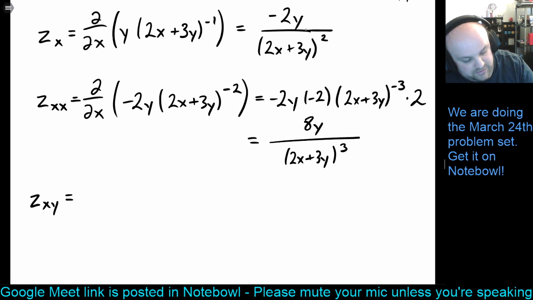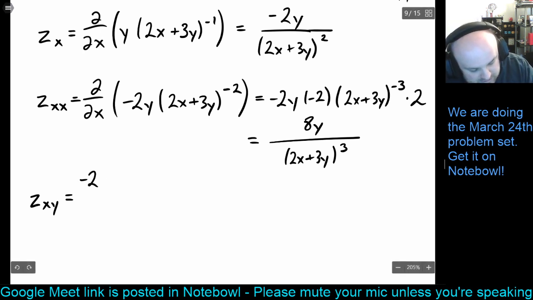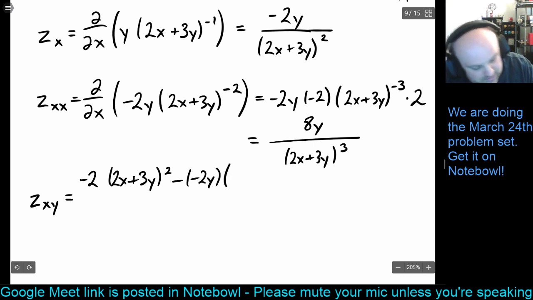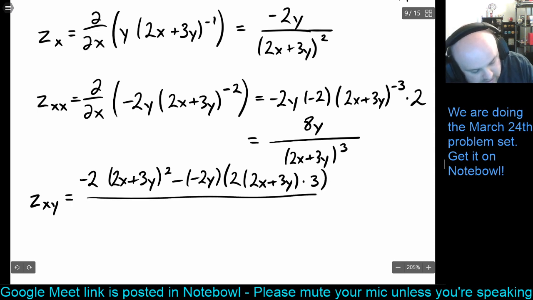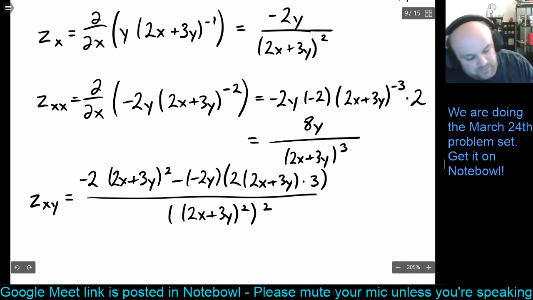So let's go ahead and differentiate this with respect to y. So derivative of the top times the bottom minus the top times the derivative of the bottom. We have 2x plus 3y times 3. And that's all of that over the bottom squared. Right?